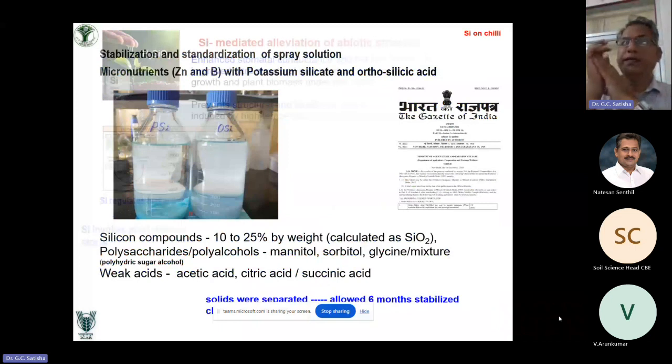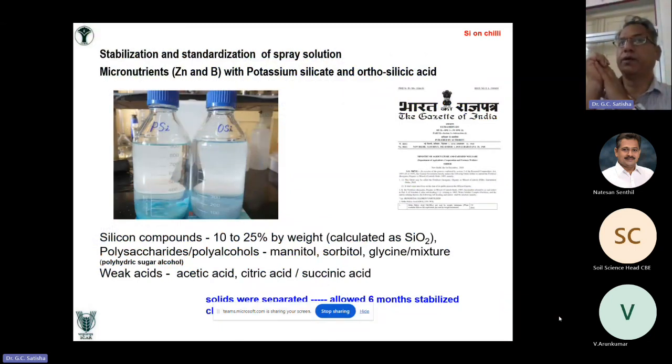So we have taken industrial byproducts like potassium silicate as well as orthosilicic acid, and we treated different combinations with balls, and we combined with different micronutrients, especially zinc and boron. And we developed a stabilized compound of both potassium silicate and orthosilicic acid.